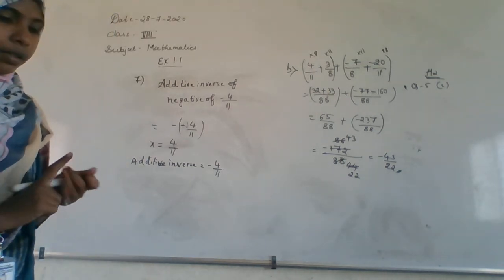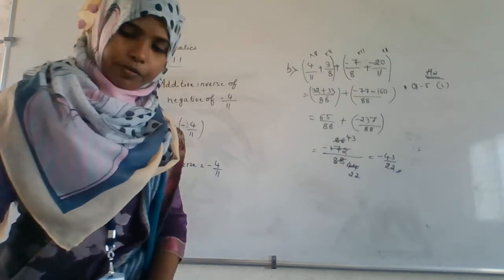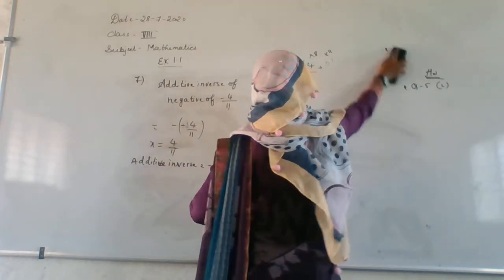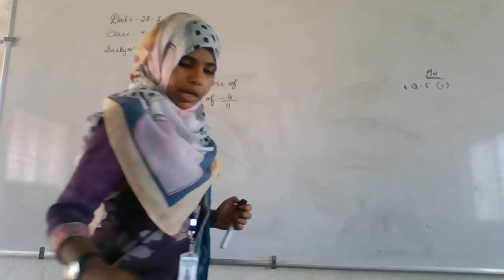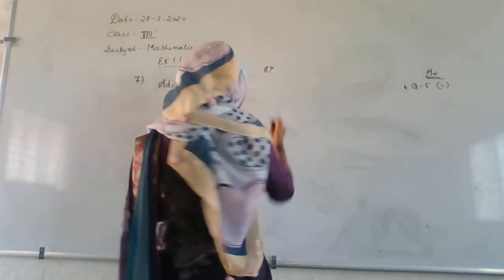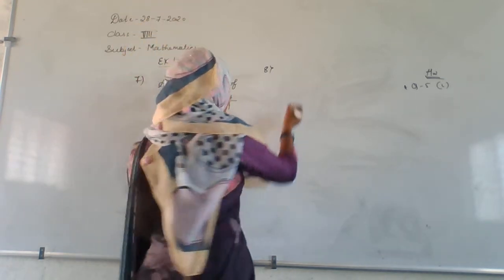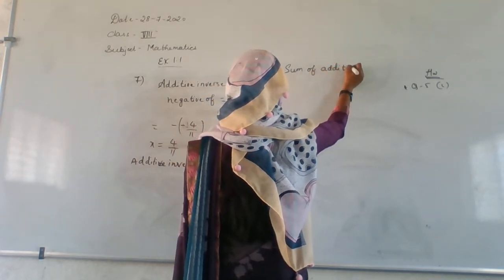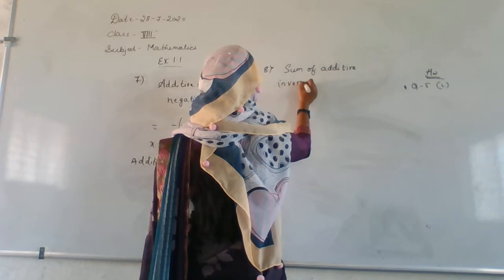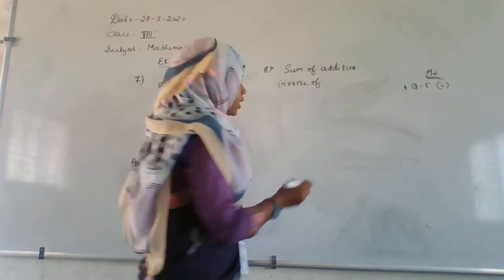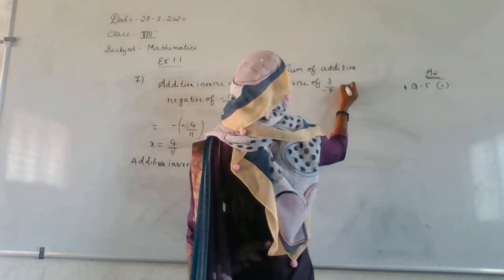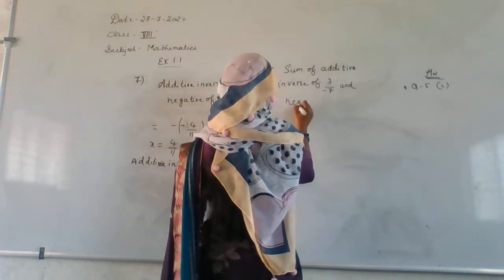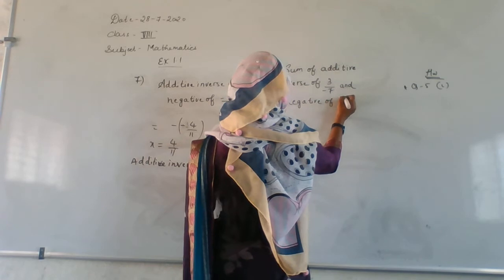Eighth question. Find the sum of additive inverse of 3 divided by minus 7 and negative of 7 by 3.